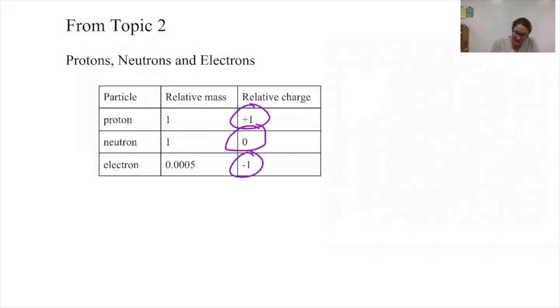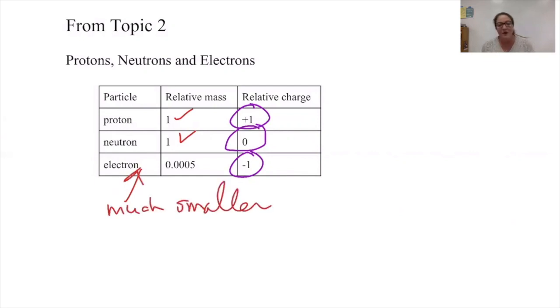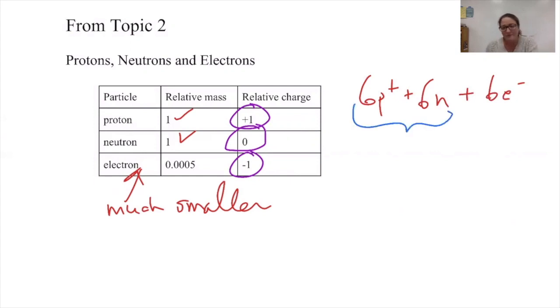In terms of mass, the mass of a proton and a neutron is about the same, and the mass of an electron is much smaller. So when we're generally computing the mass of an element, we don't consider the electrons and how they contribute to it because they contribute to it on such a small scale. But if I had something that had 6 protons in it and 6 neutrons and 6 electrons in it, and I wanted to add up the mass, I would only really need to include that.